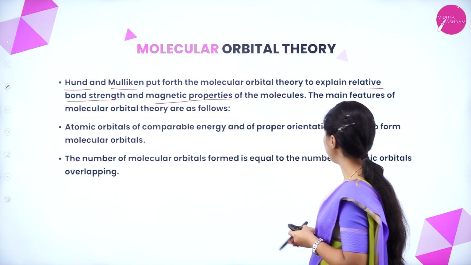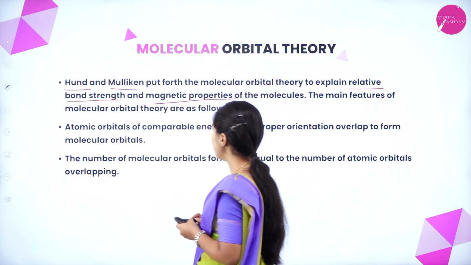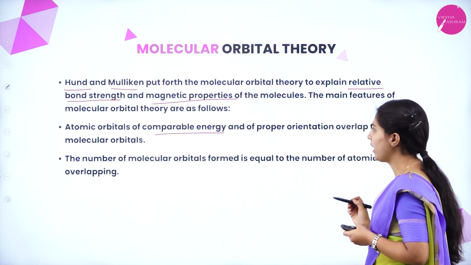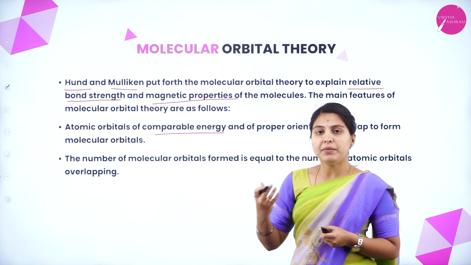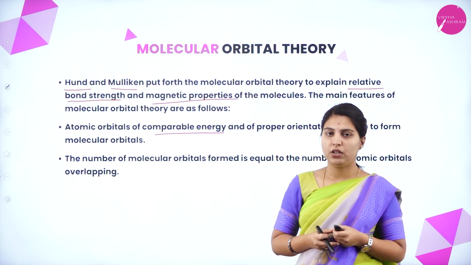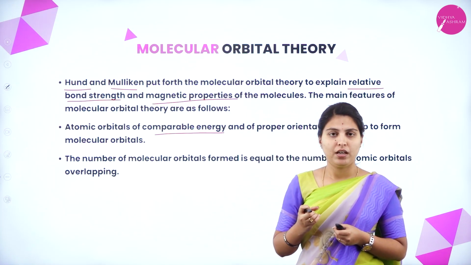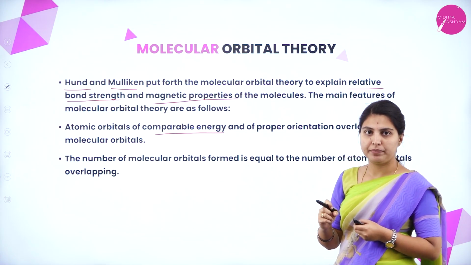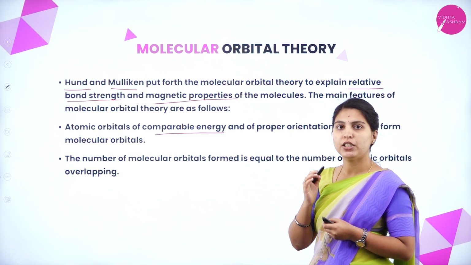What are the main features of molecular orbital theory? Atomic orbitals of comparable energy and of proper orientation overlap to form molecular orbitals. From the atomic orbitals only, molecular orbitals will form. Orientation means that maximum overlap should be possessed.